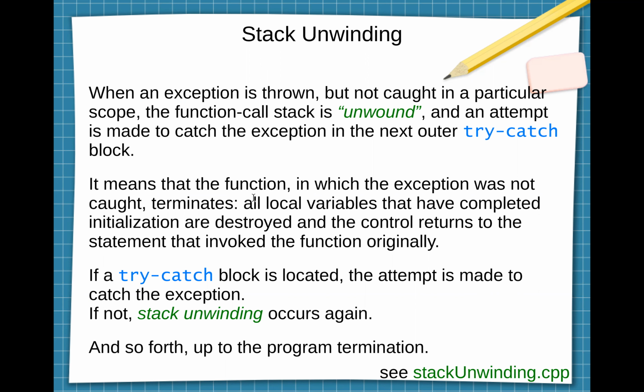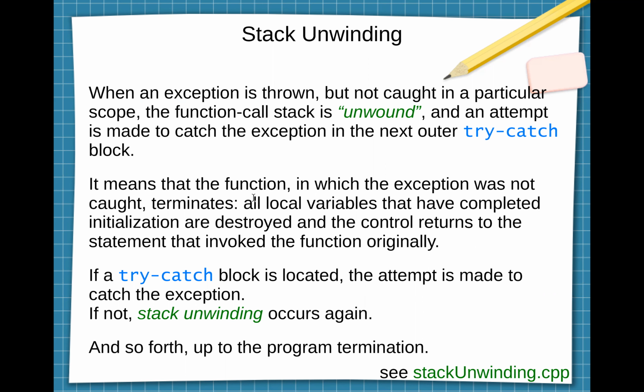So all local variables that have completed initialization will be destroyed. None of the code will be performed after that, and the control will return to the function that was invoking, right? This one. Now, if the try-catch block is located, we will attempt to process that exception.